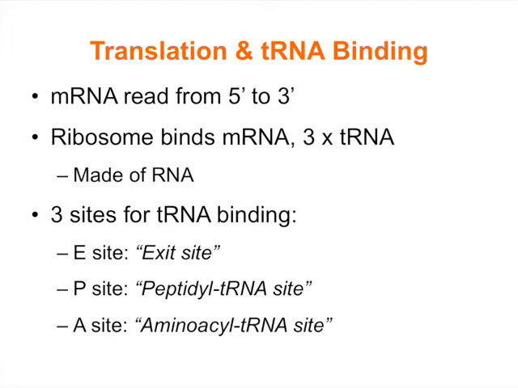And then the third site is where incoming amino acids bind, the aminoacyl tRNA site. So this is a staging area where the next amino acid bound to its respective tRNA would be in place in order to donate or add its amino acid to the evolving chain.